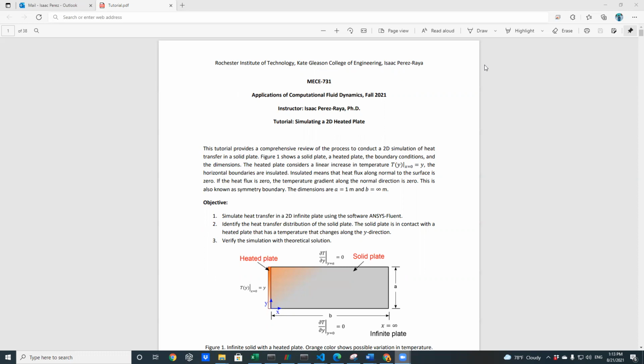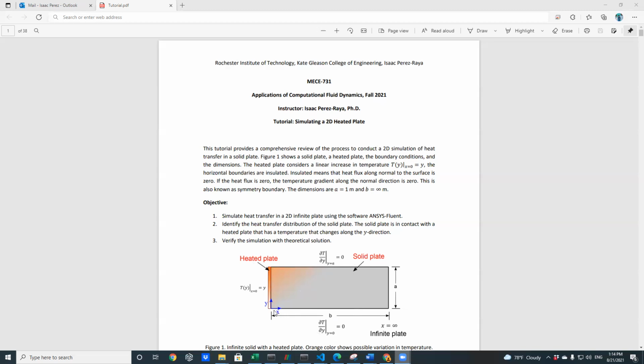Let's read. This tutorial provides a comprehensive review of the process to conduct a 2D simulation of heat transfer in a solid plate. Figure 1 shows the solid plate, the heated plate, the boundary conditions, and the dimensions A and B. The heated plate considers a linear increase in temperature given by this function.